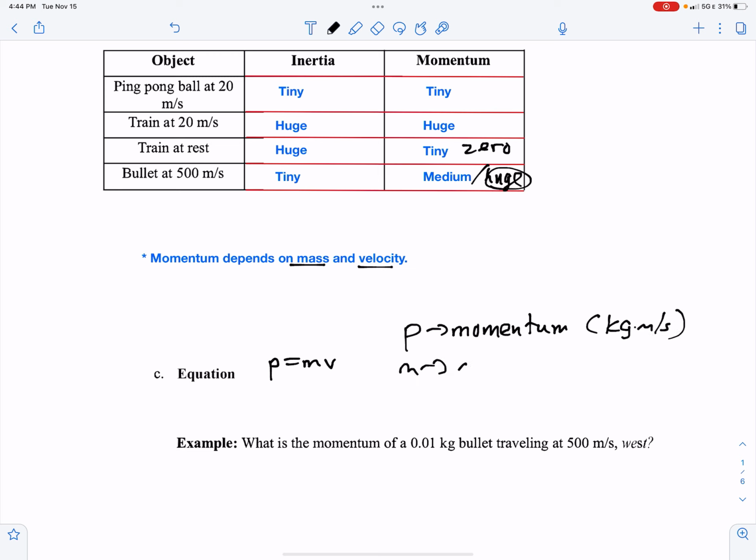M is still mass in kilograms, and V is still velocity in meters per second. So you can see that the unit for momentum is a combined unit of kilograms times meters per second.